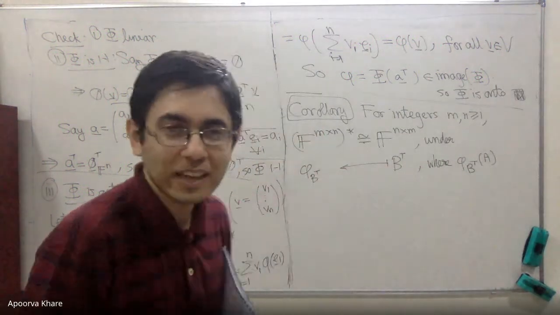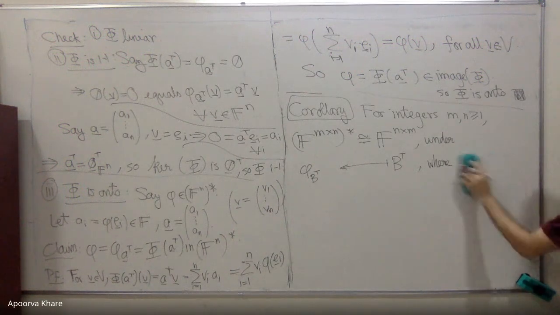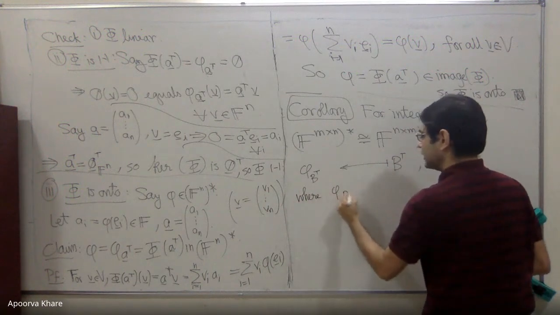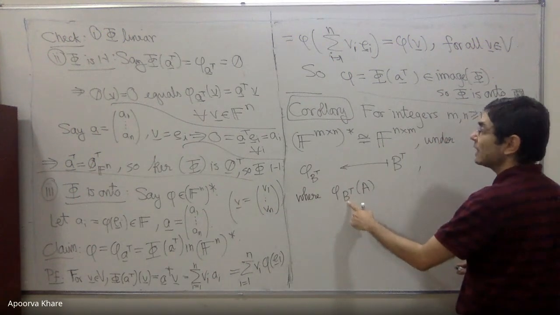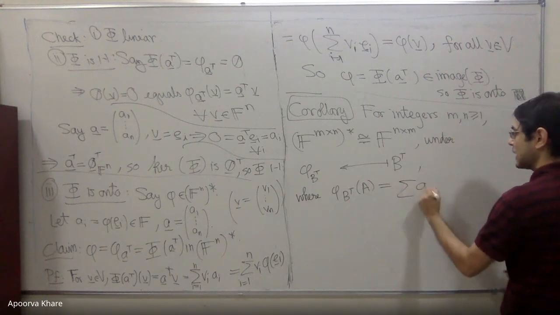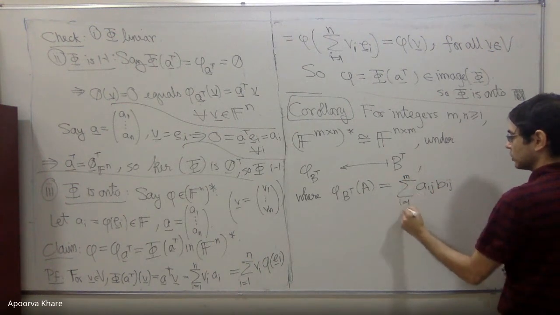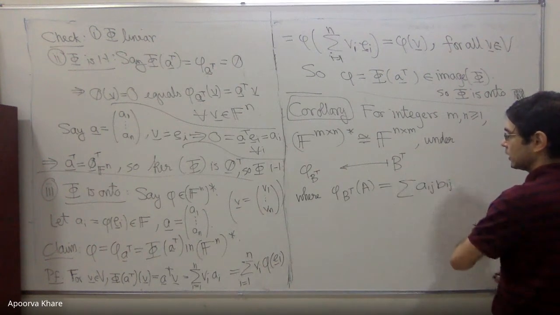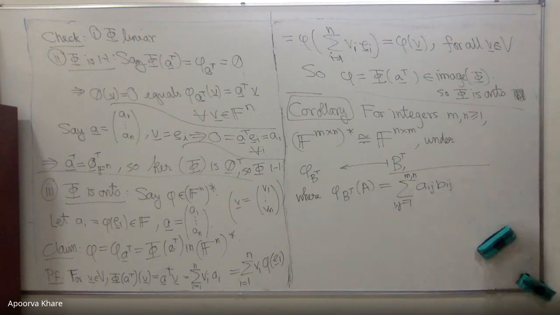This is supposed to again be exactly equal to the summation of b_ij a_ij, where phi B transpose of A. So B is m by n, so B transpose is n by m, and A is of course m by n. This is the summation of a_ij b_ij, i goes from 1 to m, j goes from 1 to n. You get the idea. I'll just say ij equals 1 to m, n. So i goes to m and j goes to n.